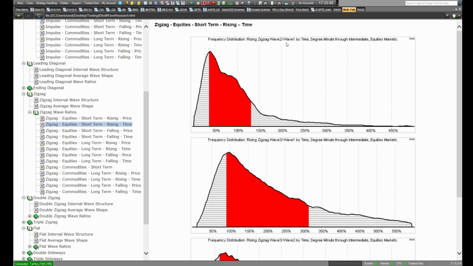You can see, okay, the first wave took 1 day. It is expected that the second wave might be a little bit shorter than 1 day. It might be only half a day, or something in the middle of it, to have the highest probabilities, maybe 60% or something like this.